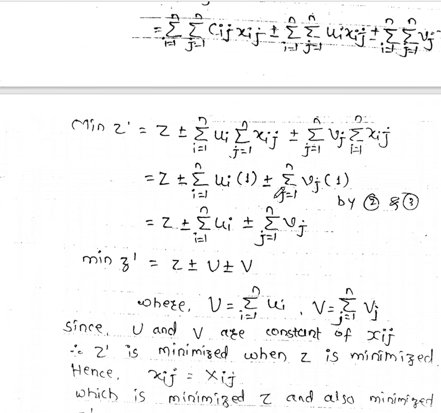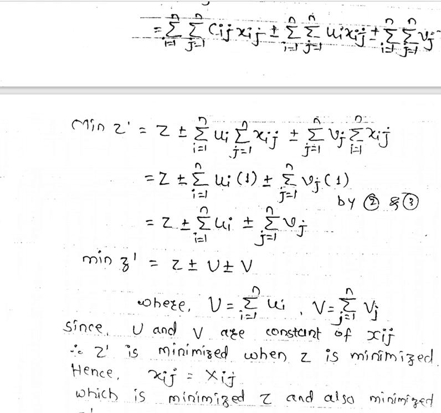Likewise, summation i equal to 1 to n Xij equal to 1, from equation number 2 and 3, we can put the values of these terms. So we get Z plus or minus summation i equal to 1 to n Ui plus or minus summation j equal to 1 to n Vj, and this is nothing but capital U and this is nothing but capital V. We can write it in this way, where U equal to summation i equal to 1 to n Ui and V equal to summation j equal to 1 to n Vj.